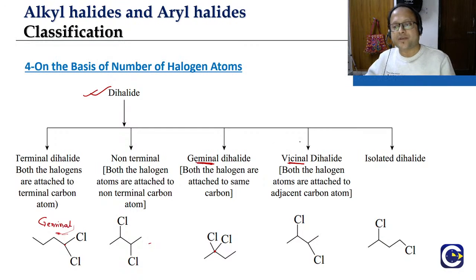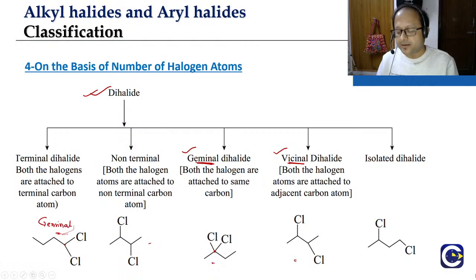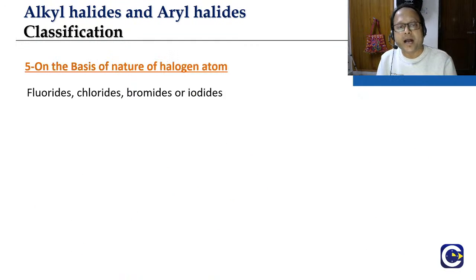So that is when they are isolated dihalides. Remember, geminal and vicinal will play an important role, and hence I wanted to discuss them. In dihalides you have these classifications, which are very helpful to us while doing various questions, conversions and other things, right? Acha.